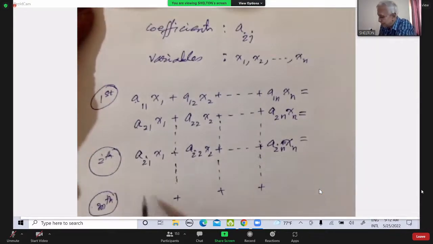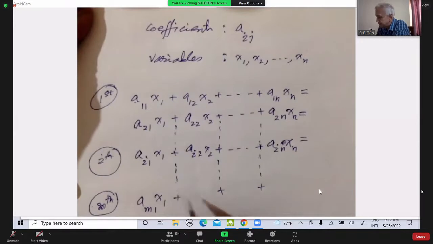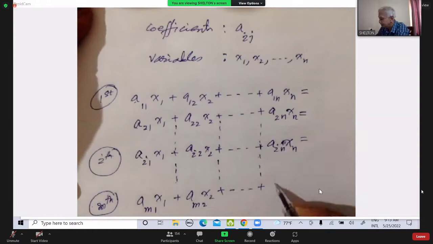Last one, the mth equation, first coefficient. What is that? Mth equation, first coefficient, variable x1. Second, mth equation, second coefficient, there is the pattern, x2, dots. We already answered the coefficient Amn, xn equals.